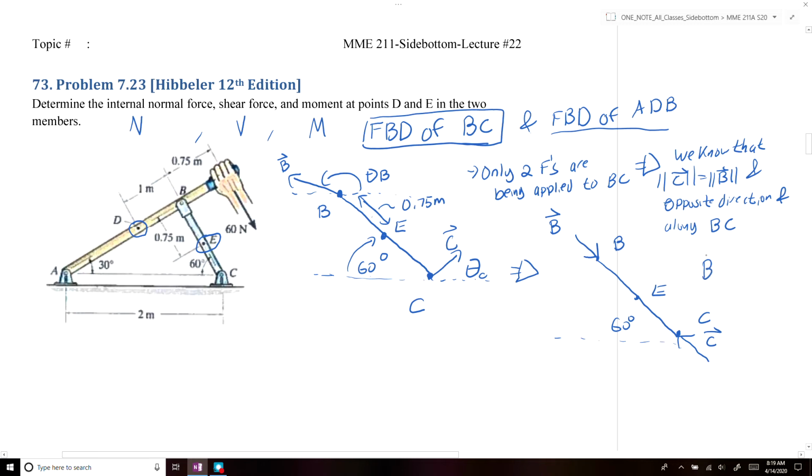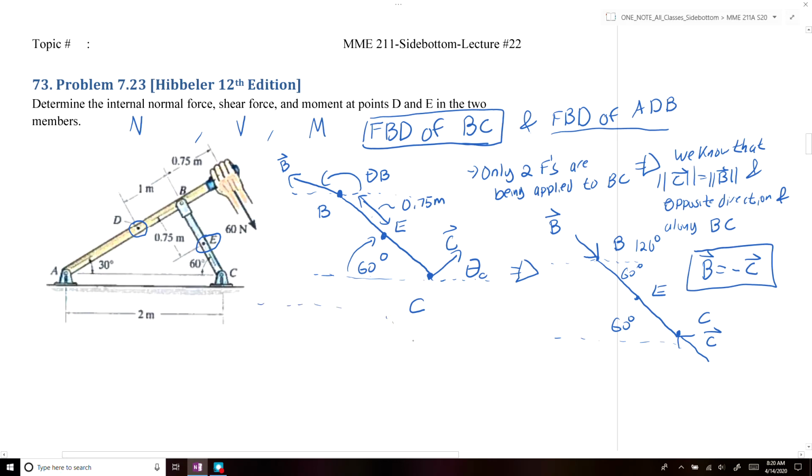So we'll say that B is equal and opposite. And we know that they both will be 120 degrees from the positive x-axis. So that's how they will act. Alright. Because there's no known forces being applied to BC right now, we can't solve for the magnitudes, but we do know that this relationship is true.